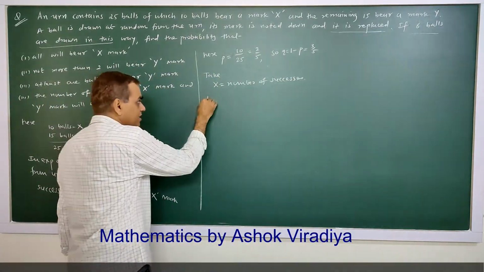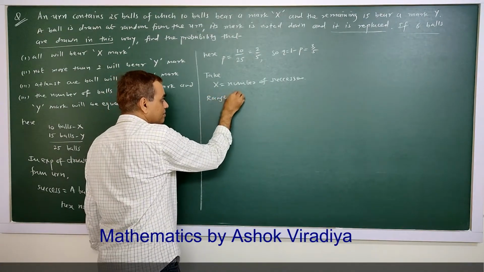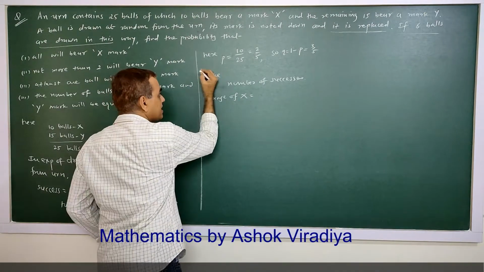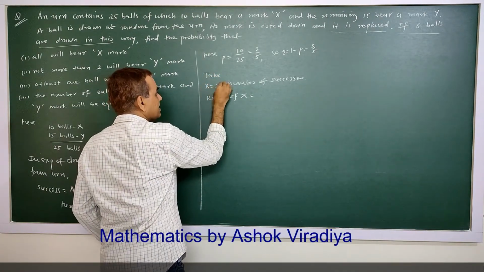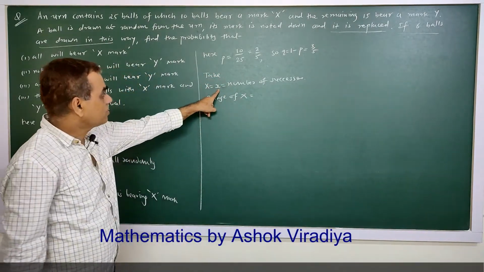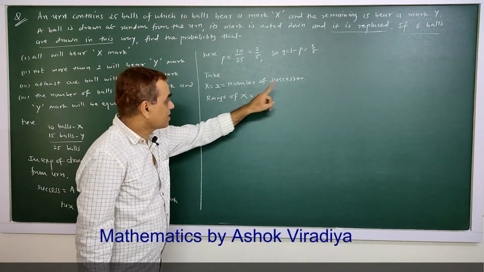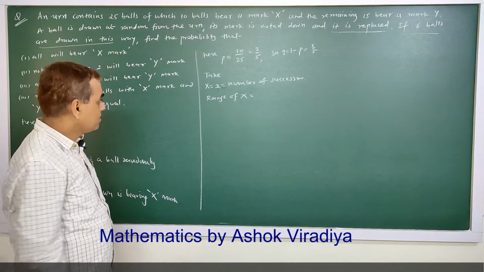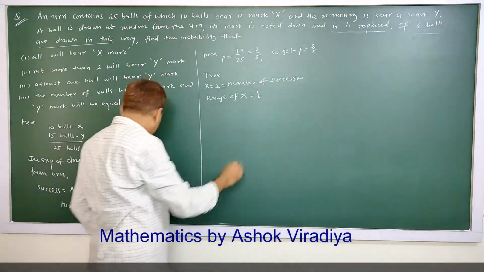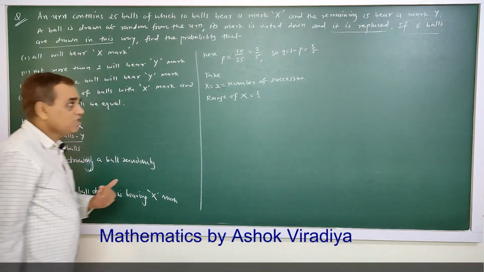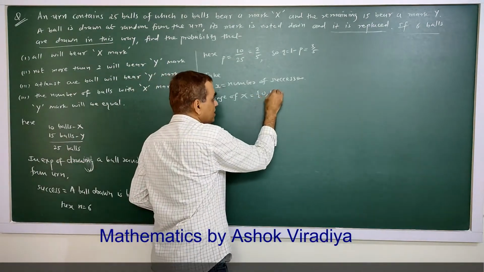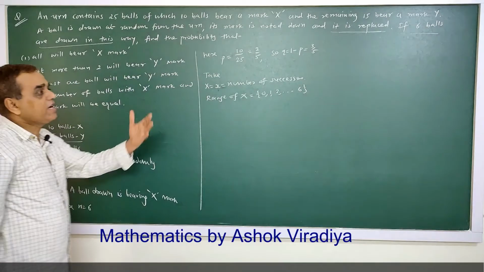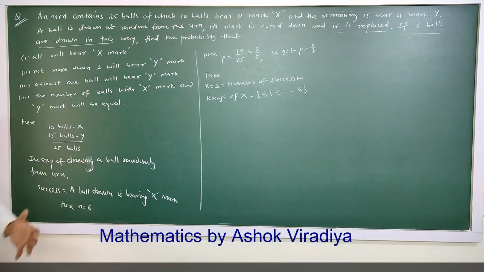So the range of X is, here X equal to small x. This number shows the number of successes, and the number of trials is 6. So 0 to 6. So this is the range of X. X takes these values, maximum 6, minimum 0.